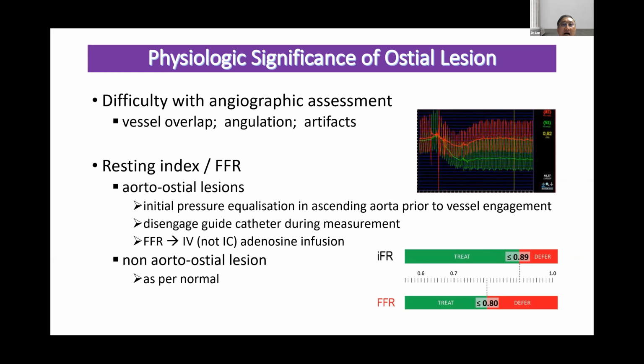I understand that there is already a physiology session during this Alvimedica Academy series, but just a few points specific to the ostial lesion. For aorto-ostial lesion, the initial pressure equalization can be done in the ascending aorta prior to vessel engagement, and then disengage the catheter during the FFR, or the resting index measurement.